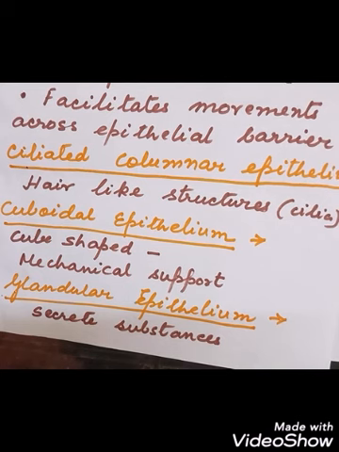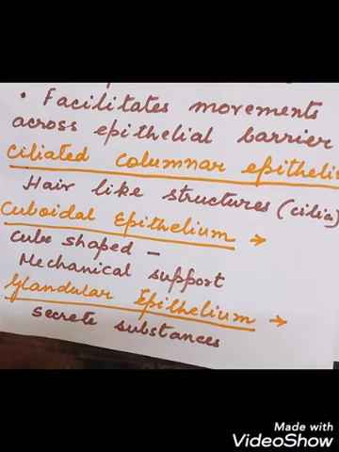Sometimes the epithelial cells require specialization where they can secrete substances. This type of epithelial cells are called what? Glandular epithelium. So many types of epithelial tissues we have discussed here. What are these? Simple squamous epithelium, stratified squamous epithelium, columnar epithelium, ciliated columnar epithelium, cuboidal epithelium, and glandular epithelium.